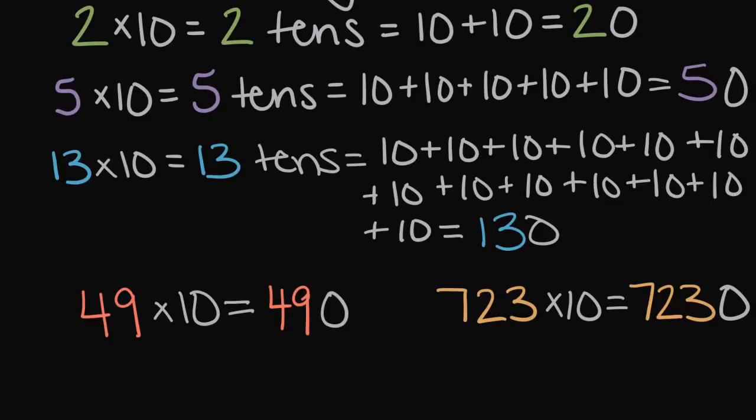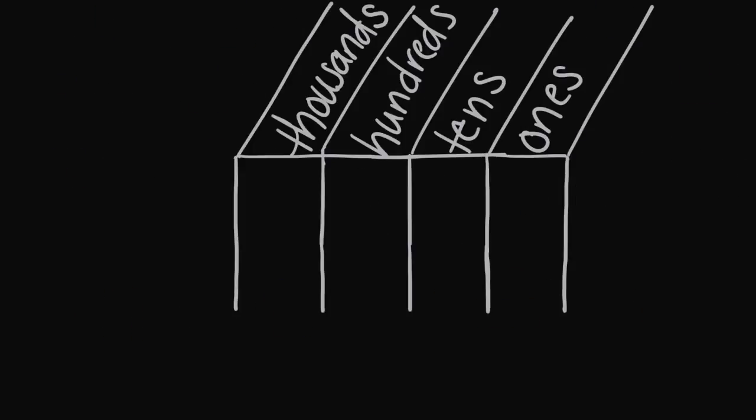Let's take this one step further and think about it in terms of place value. Let's think about what multiplying by 10 did to these numbers in terms of their place values. So here we have a place value chart, and let's start back with one of the simpler ones we did, like 2. 2 is 2 ones.